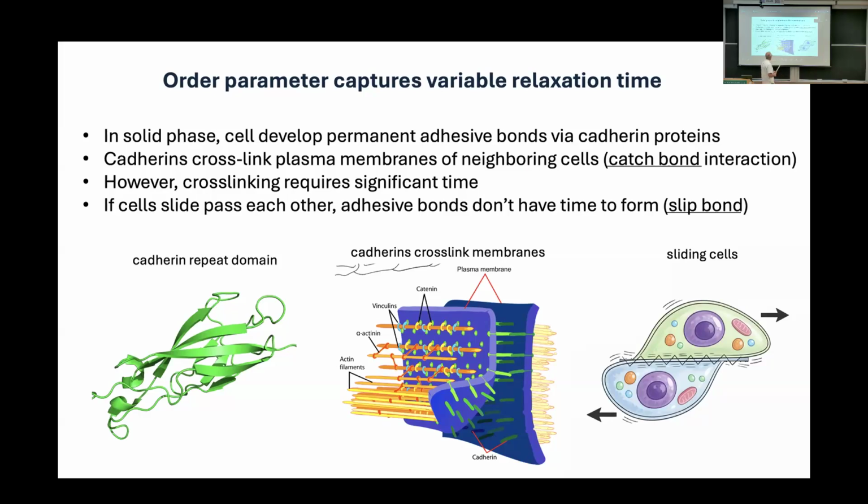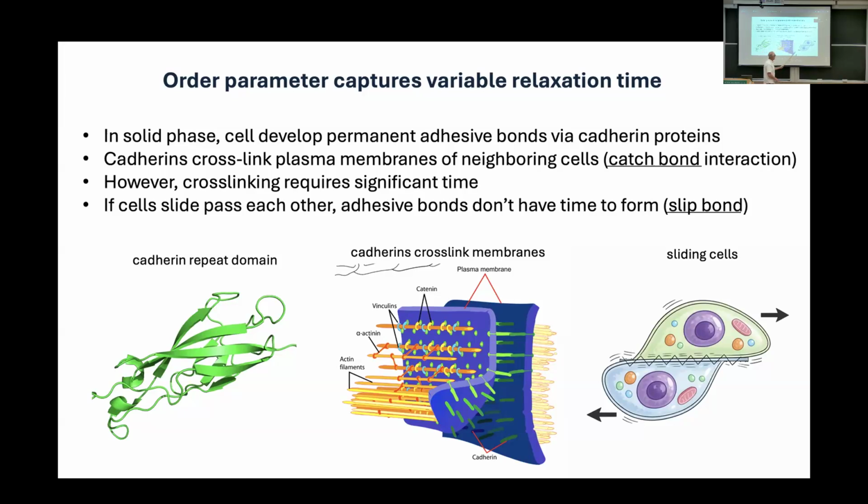When cells adhere to each other, they do it in a very intricate way, again via these crosslinks, which are called cadherin proteins. Cadherin proteins crosslink actin filaments of different cells through the cell membrane. This interaction is called a catch-bond interaction, so its strength increases with the applied stress. However, cross-linking requires very significant time, hours.